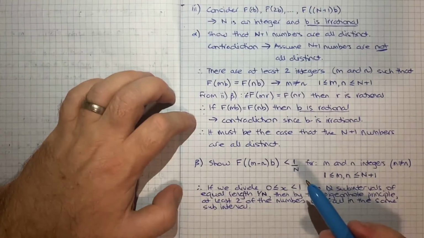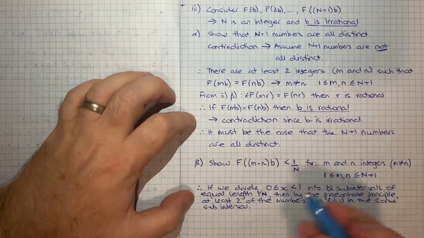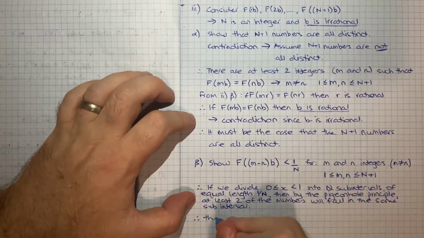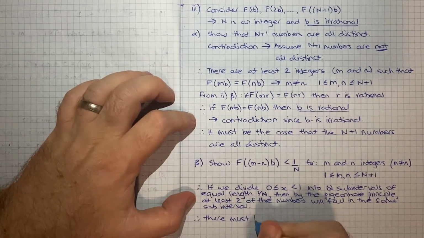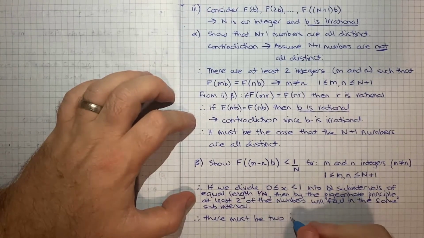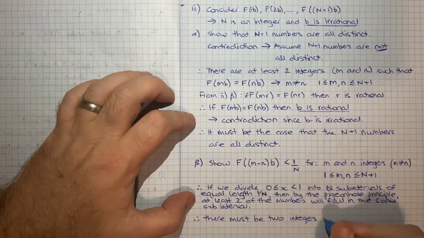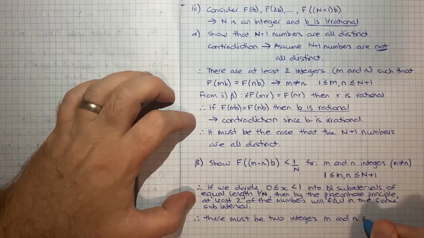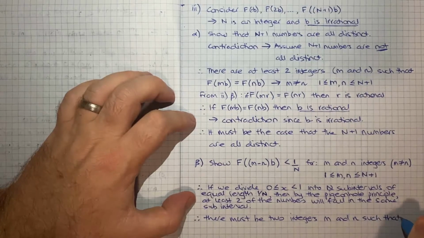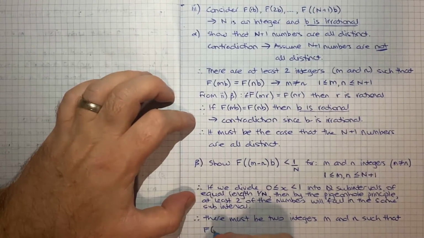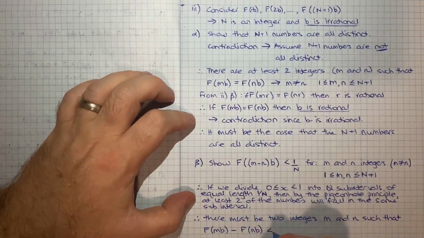So therefore, there must be 2 integers m and n such that f of mb minus f of nb must be less than 1 on n, since they're both falling into this subinterval of length 1 on n, so the difference between them must be less than the size of that subinterval.